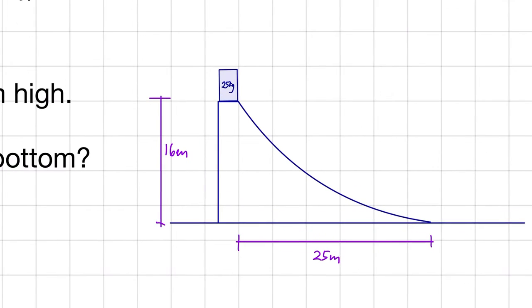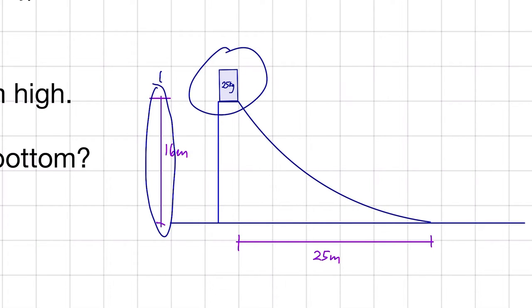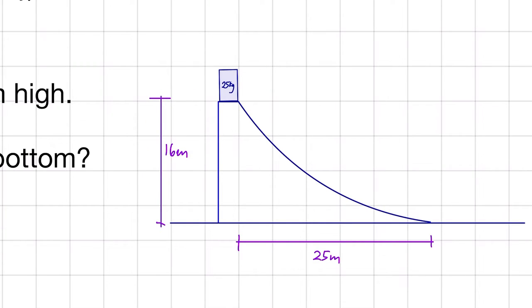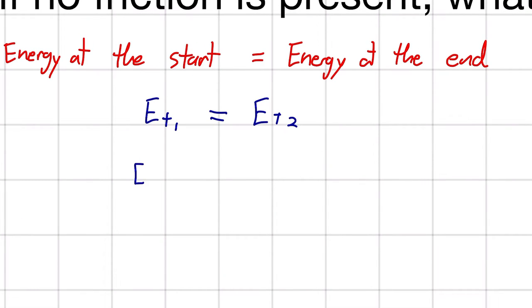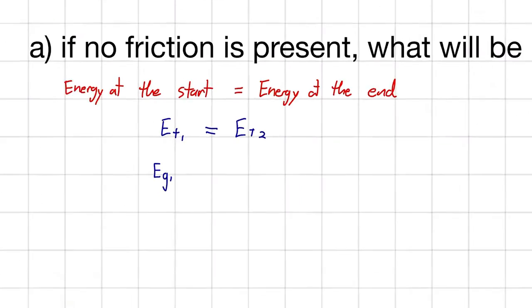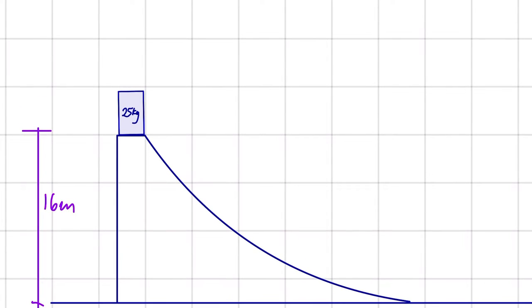So what kind of energy do we have at the top here? Well, we're not moving, we have no speed, so there's no kinetic energy, but we have a certain height. So we have a potential energy built up. So at the beginning we have just a potential energy, we call it EG for gravity, because it's the potential energy that gravity has to act on our 25 kilogram person.